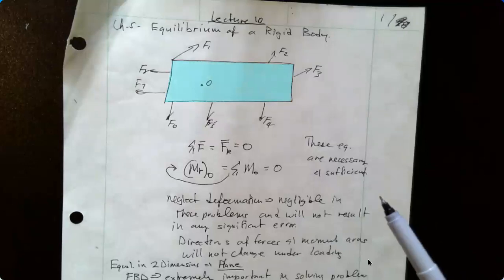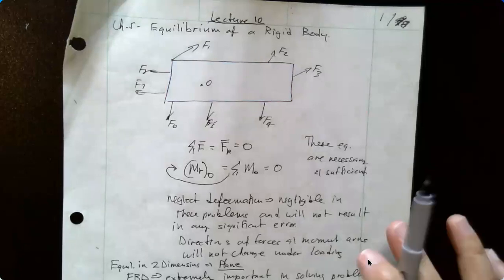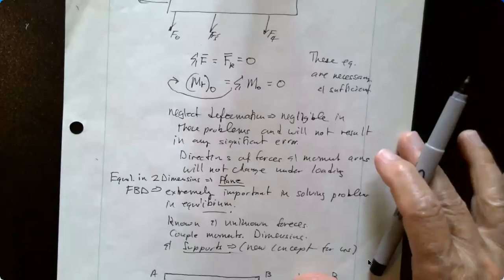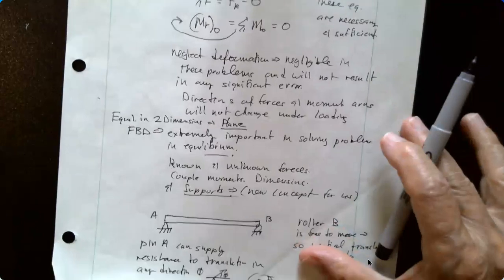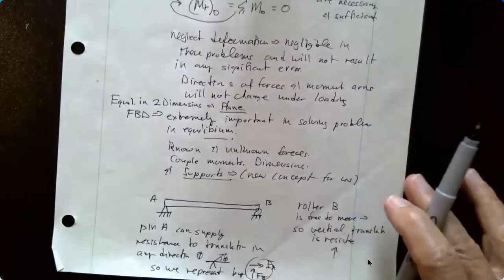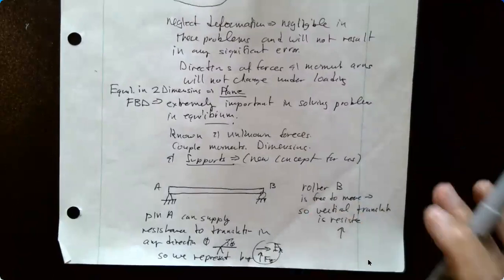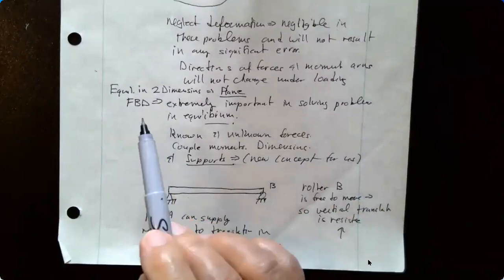So we start off talking about equilibrium in 2 dimensions, which is planar equilibrium. And we're going to discuss the free body diagram, which is absolutely mandatory in solving these problems.